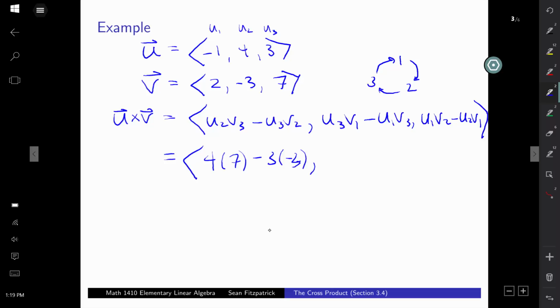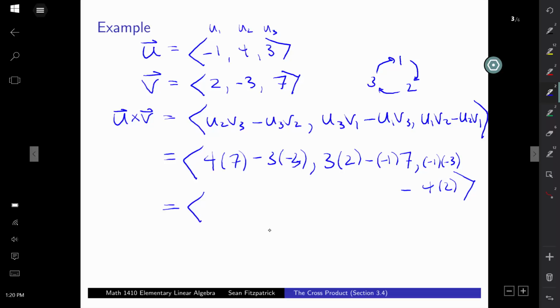Then u3, 3 times v1, which is 2, minus u1, minus 1, times v3, which is 7, and then u1, minus 1, times v2, which is minus 3, subtract u2, 4, times v1, which is 2. Okay, so let's work this out.